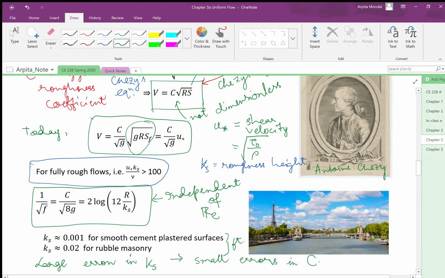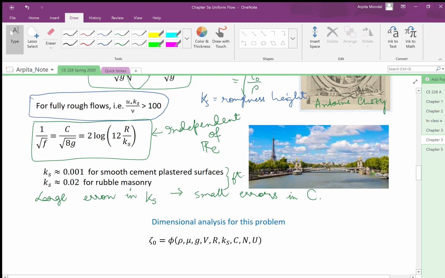Therefore, in reality, estimation of Ks is very difficult. However, for civil engineers, for practical purposes, it doesn't really matter, because even if we make large errors in estimating Ks, the errors in the Chezy's roughness coefficient will not be very large.